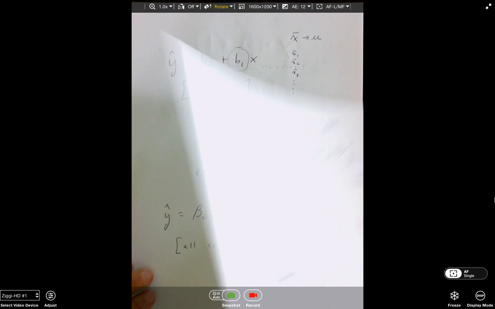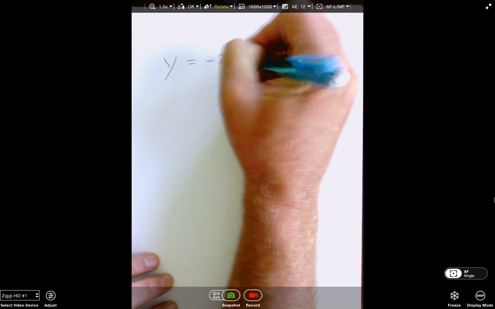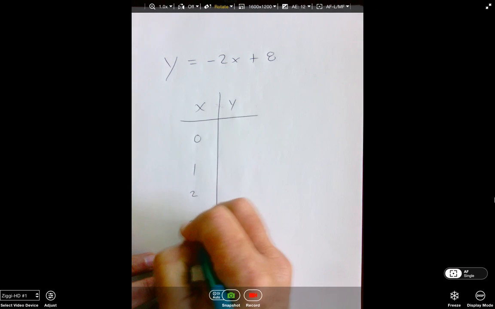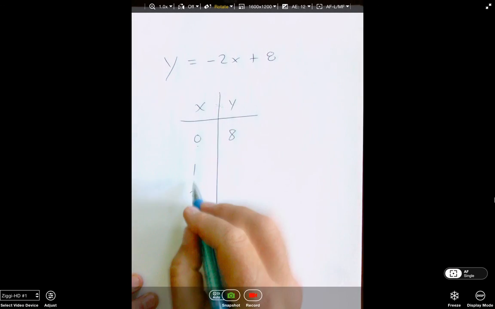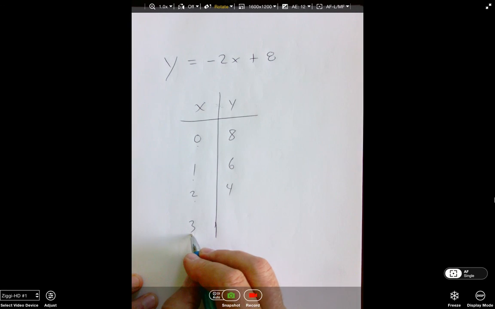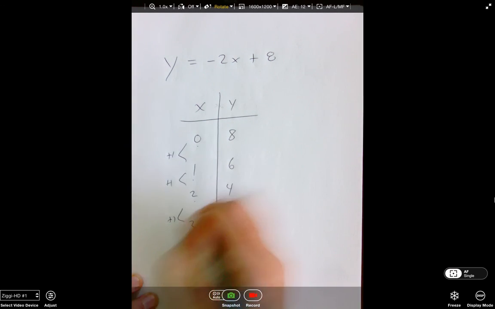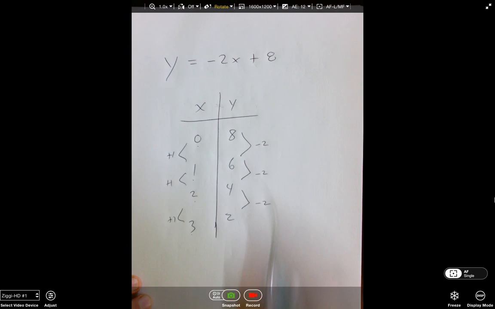Guys, this illustration over here that I used using this table, if I had used this, what happens? I put 0 in, I get 8. I put 1 in, I get 6. I put 2 in, I get 4. I put 3 in, I get 2. As I increase 1 unit, I decrease the y exactly the value of the slope.